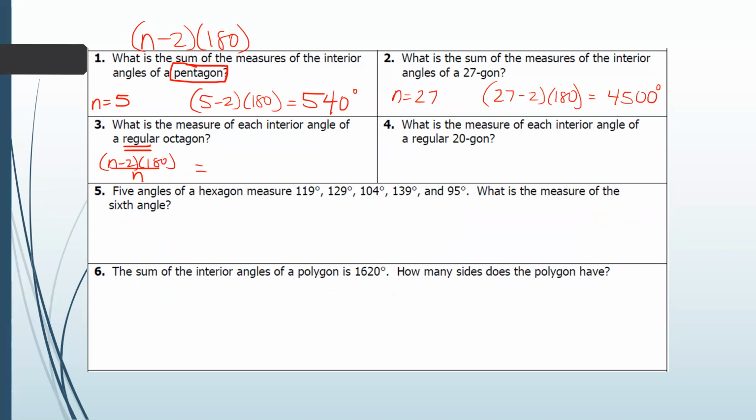So n in this case is 8 because it's an octagon. Octagons have 8 sides. All right, well, 8 minus 2 is 6. 6 times 180 is 1,080, and then divide that by 8. And you could just type this whole thing straight into Desmos, and it will give you 135 degrees. So every interior angle of a regular octagon is 135 degrees.